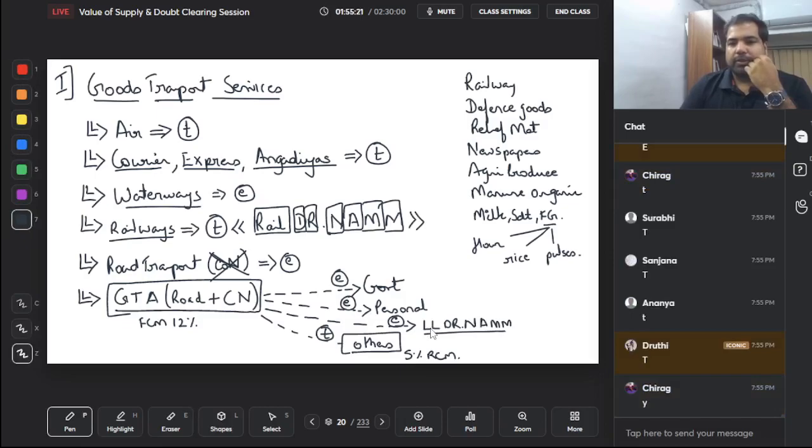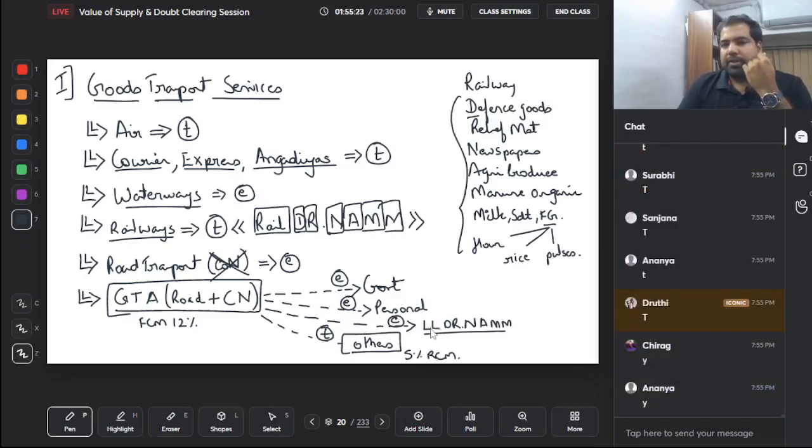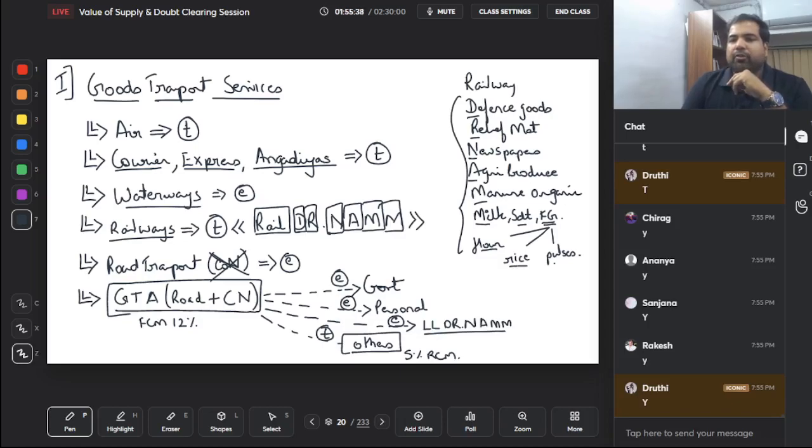From here to here, defense, relief, newspapers, agricultural produce, manure, and what is M? Milk, salt, food grains. And in food grains, what do North Indians like? Flour. What do South Indians like? Rice. And what does everyone like? Pulses. They are transportation. This is the same Dr. Nam, but only LL is added.